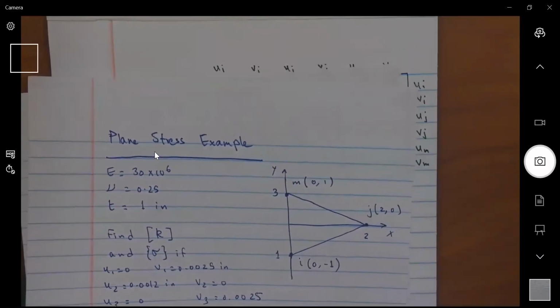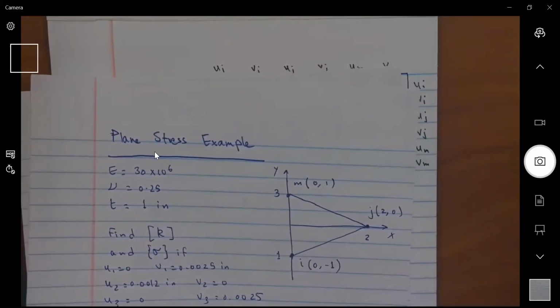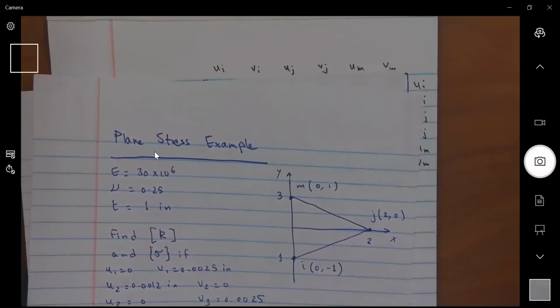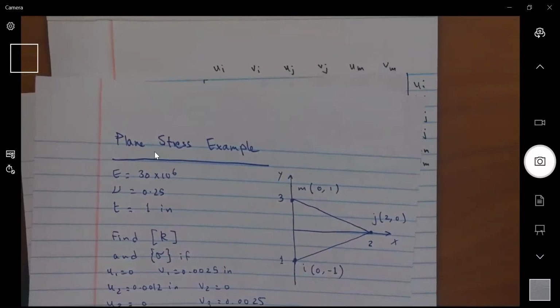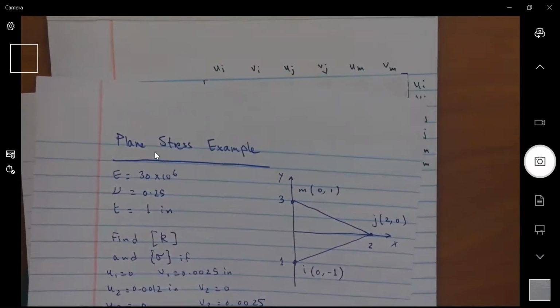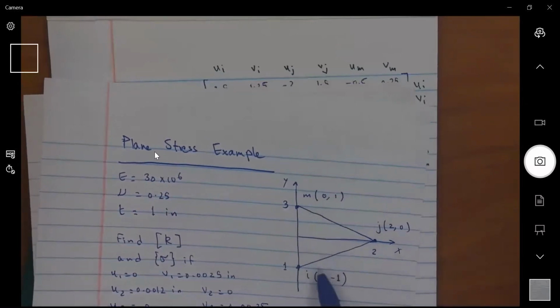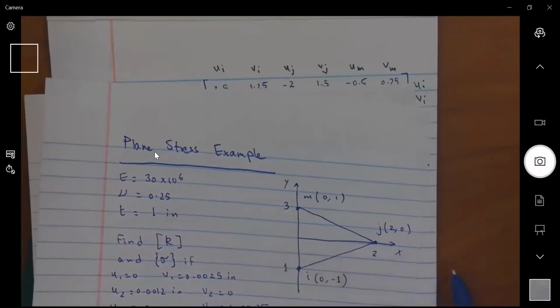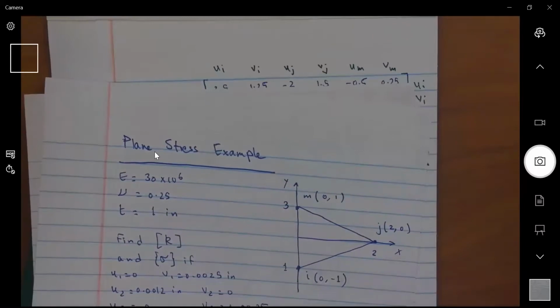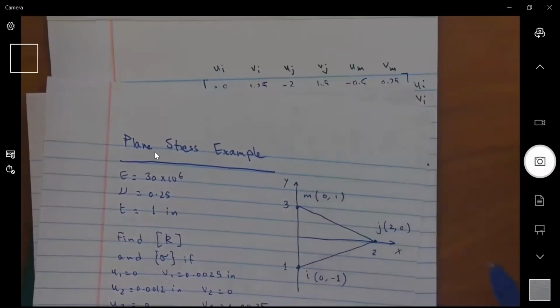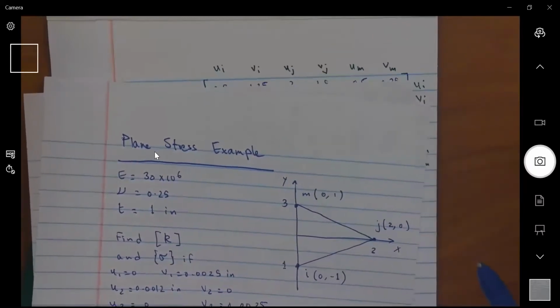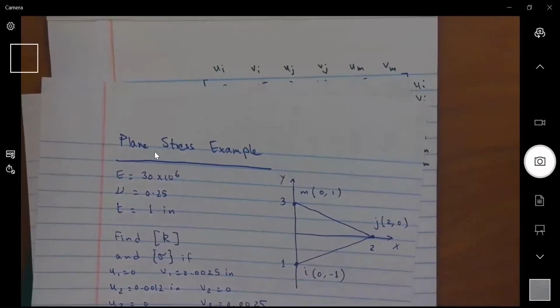As long as the element axes are parallel to the global X and Y, then there is no transformation. So even if these were the local axes for the element, if this was X prime, it is parallel to X, and if this was Y prime, it is parallel to Y, and I do not need to apply transformation. Very good question.